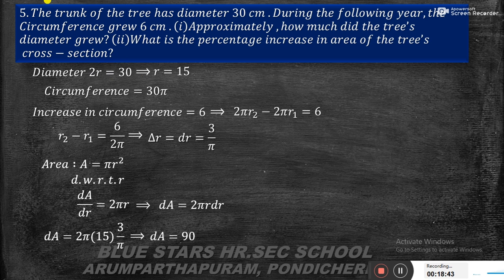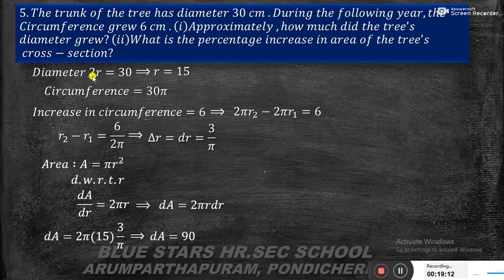The trunk's diameter is 30 cm, and they ask how much the diameter grew, and then the percentage increase in the cross-sectional area.